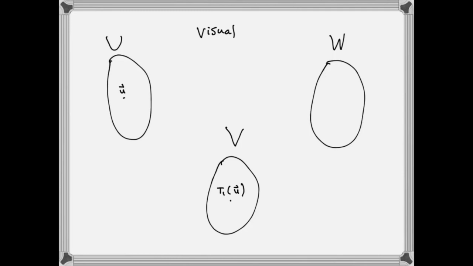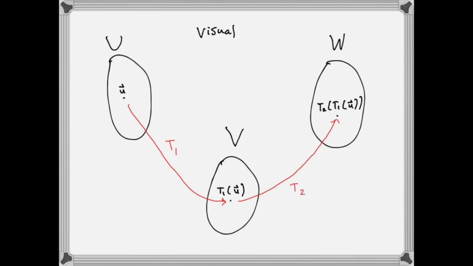And so you can look at T1 as being the map that takes U to T1 of U, right? And now T2 maybe we'll take it right here. So this would be T2 of T1 of U. So this is T2.